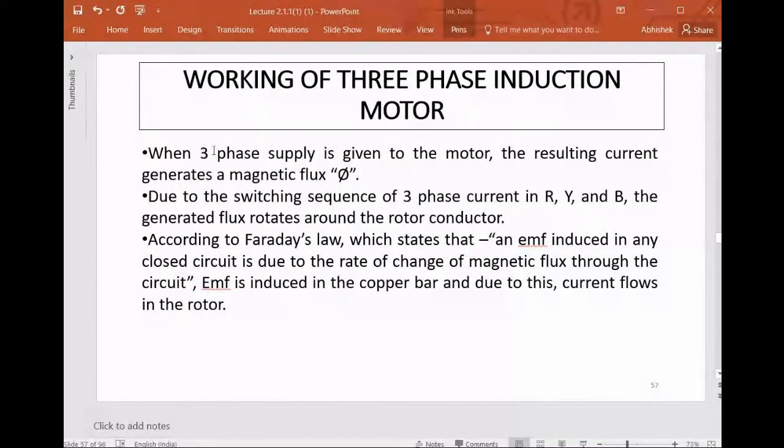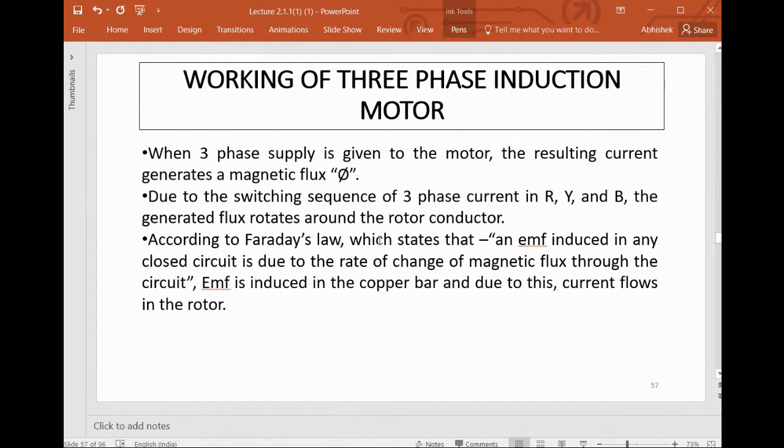When a three-phase supply is given to the motor, the resulting current generates a magnetic flux phi, due to the switching sequence of the three-phase current, that is R, Y and B. These are three phases: phase 1 red, phase 2 yellow, phase 3 blue. The generated flux rotates around the rotor conductors.